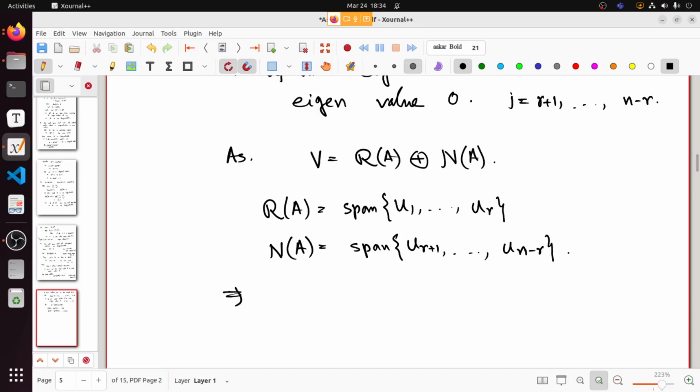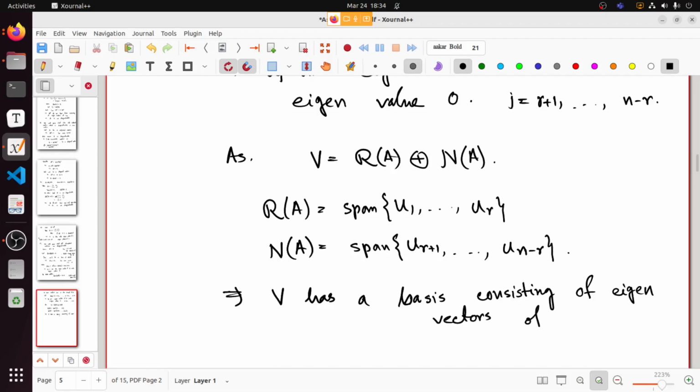So V has a basis consisting of eigenvectors of A, which implies A is diagonalizable.